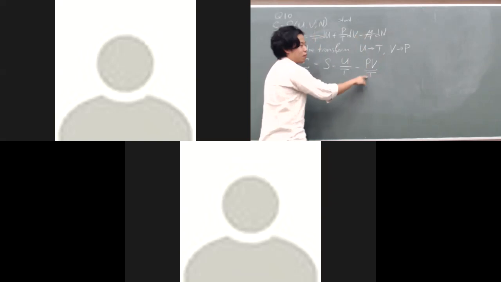I have no idea what this Greek letter is called; it looks like Pac-Man. It is equal to S minus U on T minus PV on T. It's a bit different to the normal Legendre transforms you see. PV is what you normally expect, but because it's the entropy representation, you always carry around this 1 on T with you. And the U transformation, you can think of as having the coefficient 1, so this is like 1 times U over T. It looks a bit odd, but it always looks like that for the entropy representation.